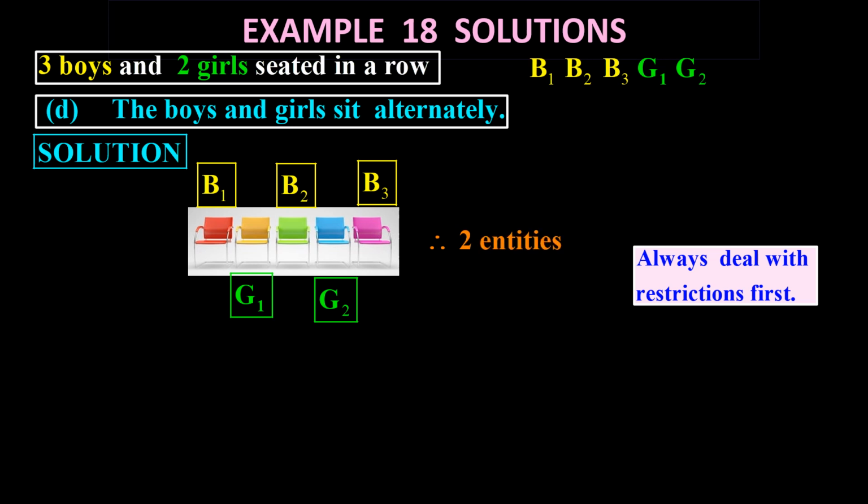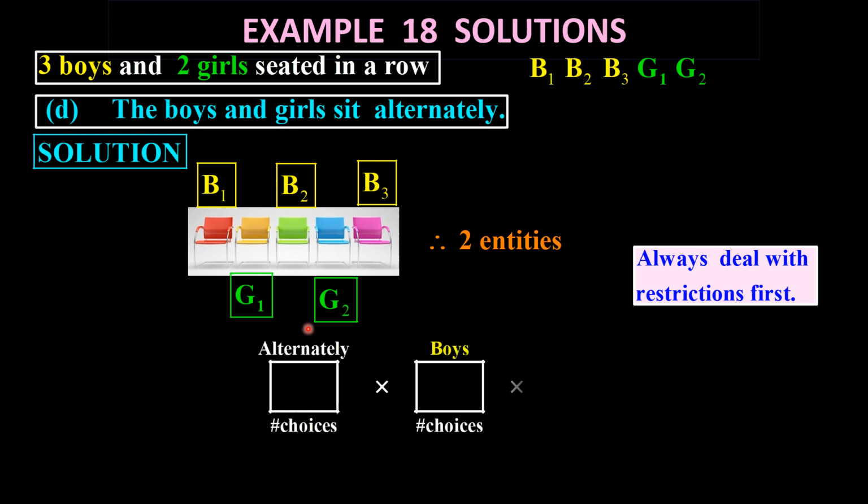So let's look at this. The 3 boys need to be arranged, and then the 2 girls need to be arranged. We'll show you the number of arrangements now. So it's just arranging the 3 boys and arranging the 2 girls. Sitting alternately, there's only one way they can sit alternately.